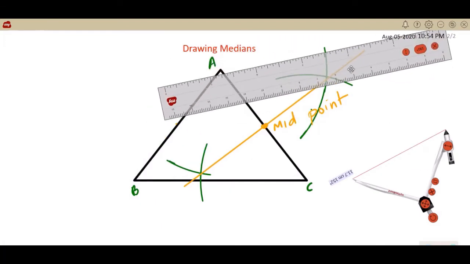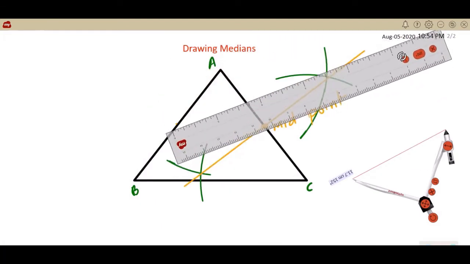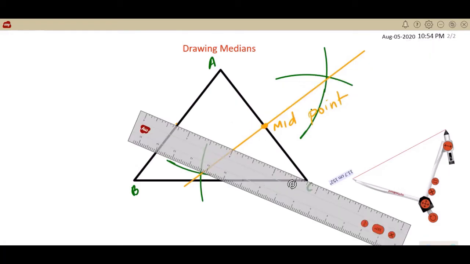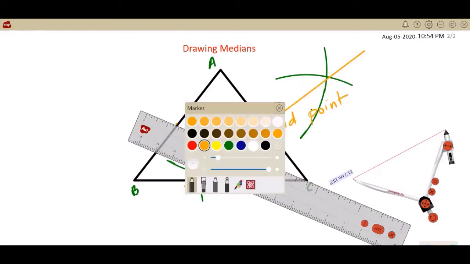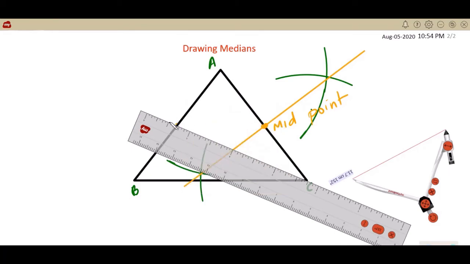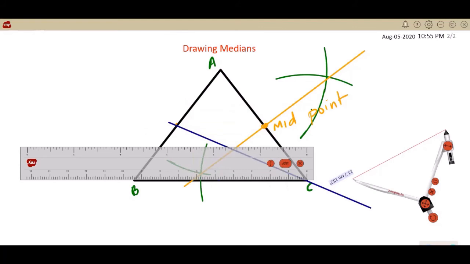It's not that easy to manage the scale digitally, a lot of experience is required. COVID is giving us experience to handle a digital scale nowadays. Anyway, I am drawing it roughly from the midpoint of side AB to the opposite vertex C. In the same way we have to find the midpoint of BC, putting the scale there.